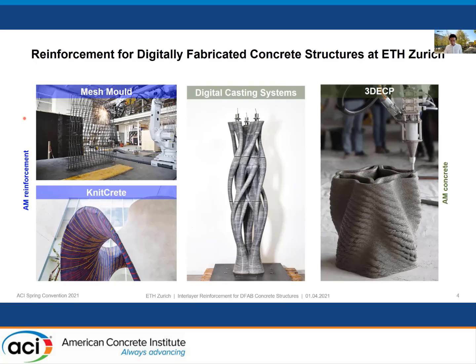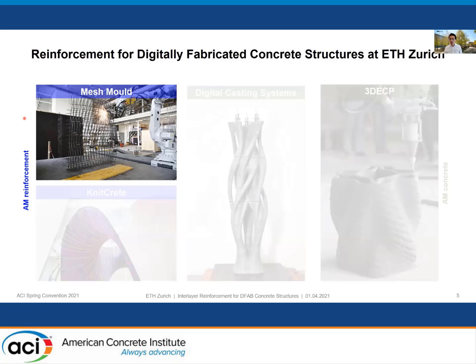Before going to the right part, on the left, I would like to quickly introduce Mesmol first. The idea is how we can produce complex walls without a conventional formwork.